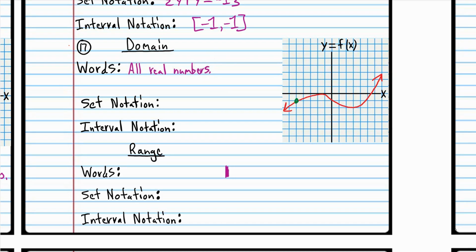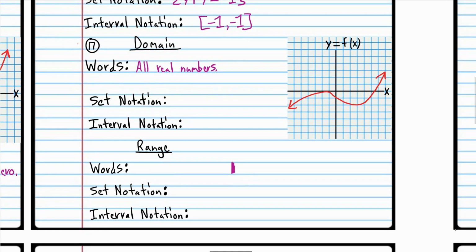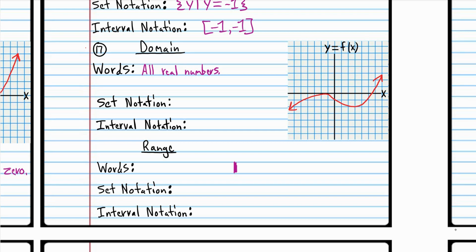You can have an x value of negative 5, or an x value of 1, or an x value of negative a billion that goes very far to the left. You can have any x value. Now, in this special situation, when the domain is all real numbers, remember in set notation we just use words also. We say all real numbers.